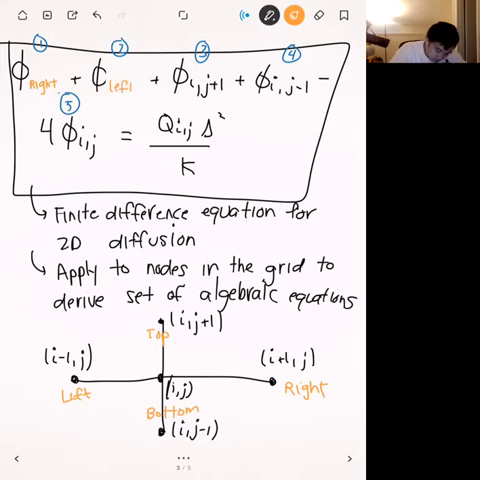Then i,j+1, which is obviously our top neighbor. Then i,j-1, our bottom neighbor. And then i,j is just the node that we're applying it to. So it's not a neighbor. It's our own house in this case.